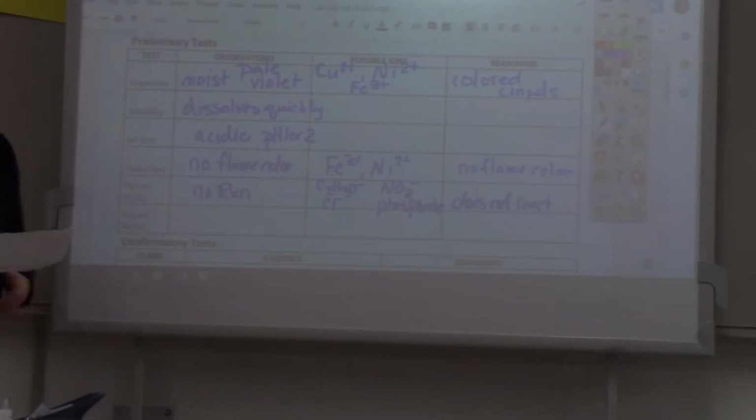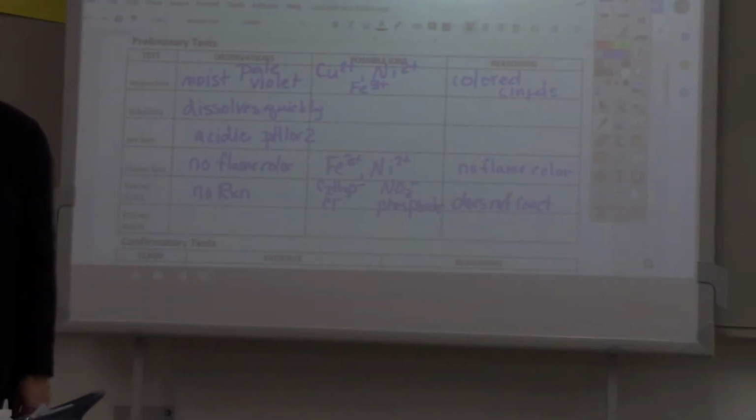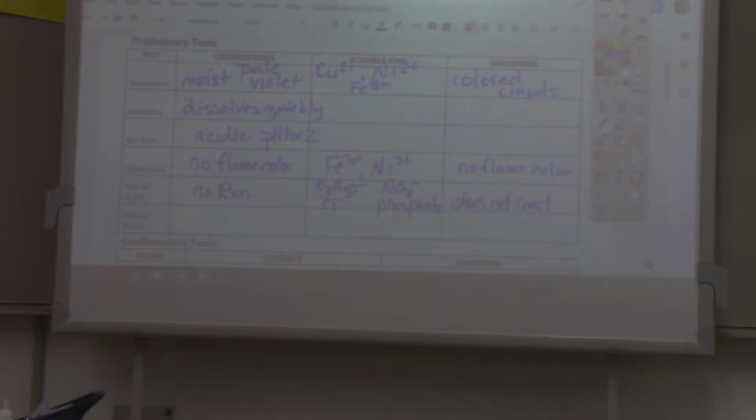Okay, so now we're down to the reaction with sodium hydroxide. So for sodium hydroxide, it says you will dissolve a small sample with a spatula of the unknown, 5 to 7 drops, and then add 6 molar sodium hydroxide. So at this point, again, we're going to go back to our unknown in our vial with our spatula.